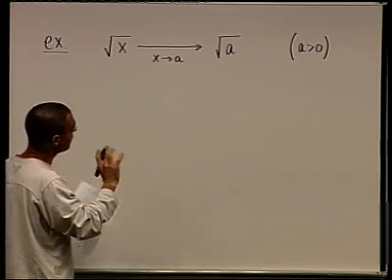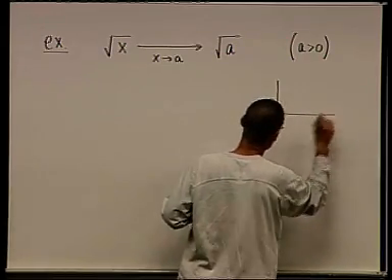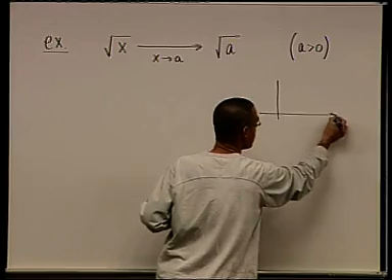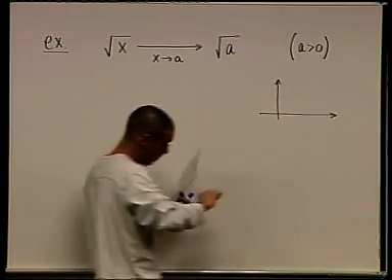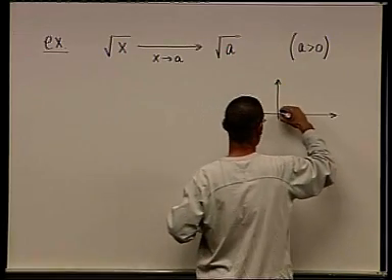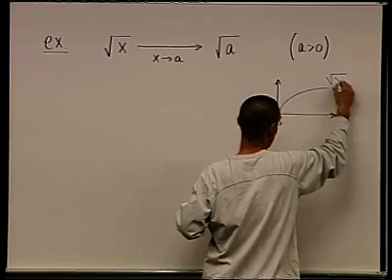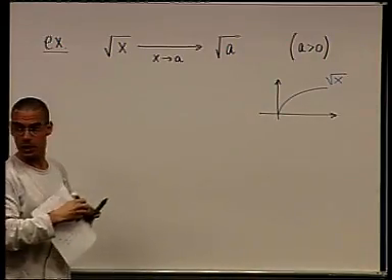So the first thing I want to do is draw the graph. Whenever we have a function, it's always good to right away draw the graph when possible in order to picture it. So this is what root x looks like. Everybody knows that, right?